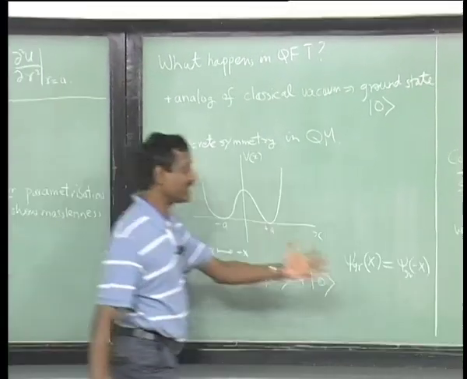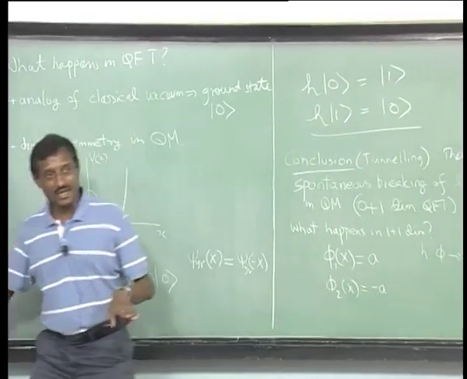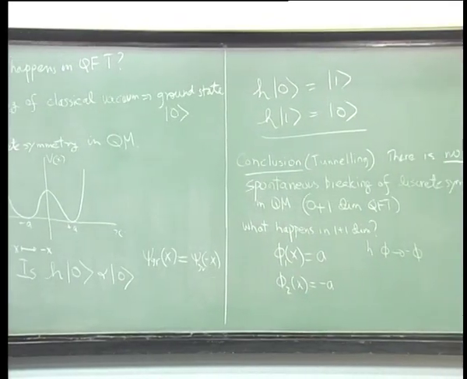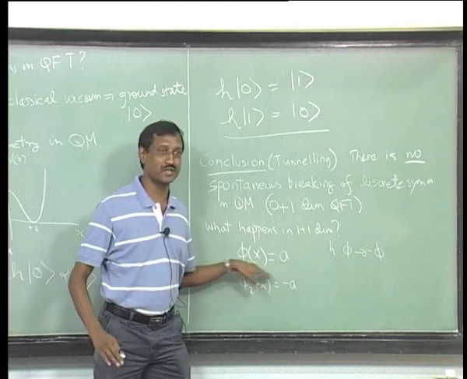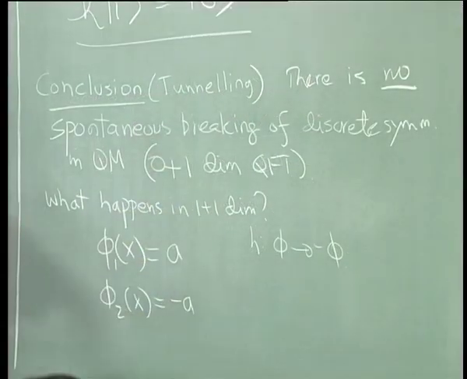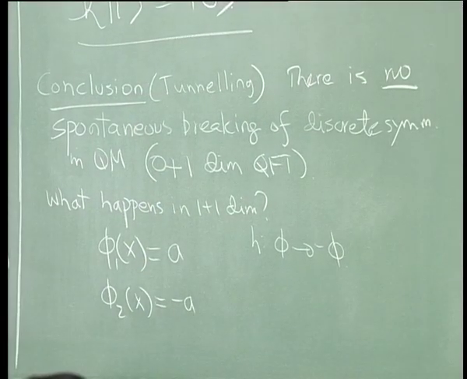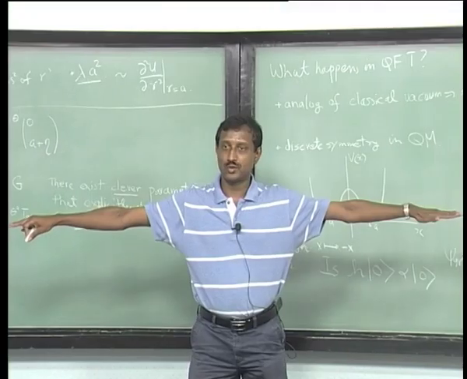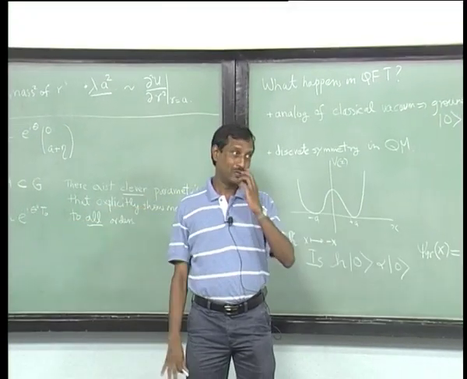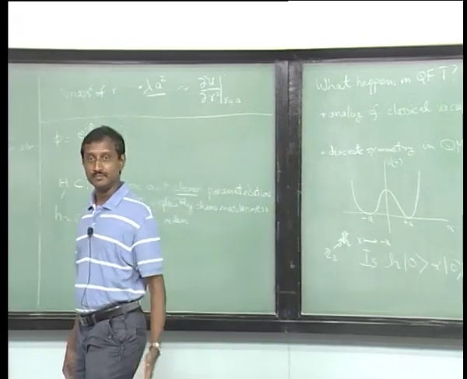So I am doing the analog of that. Let me prepare the system in this first ground state, with the field at a everywhere in all of space. Now the question is, can it tunnel?